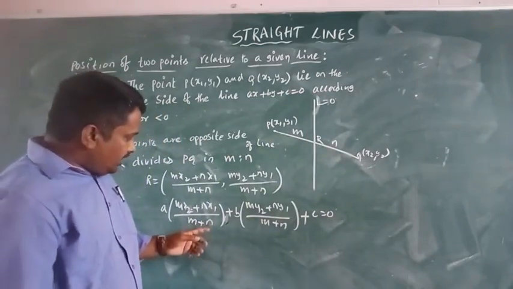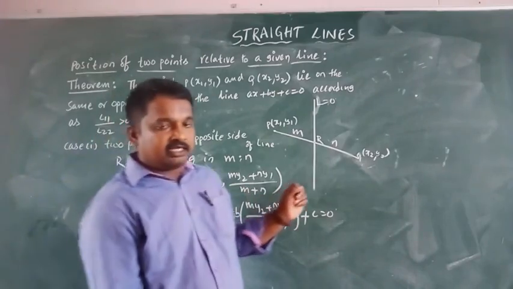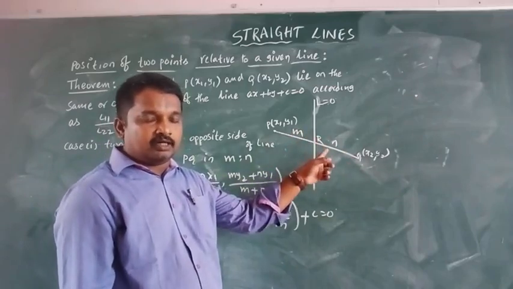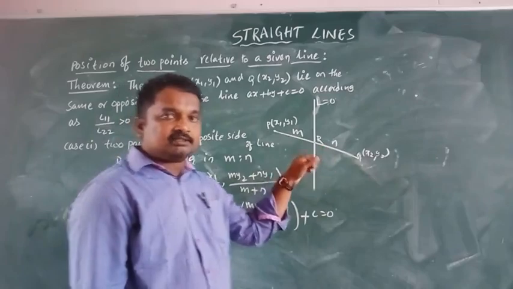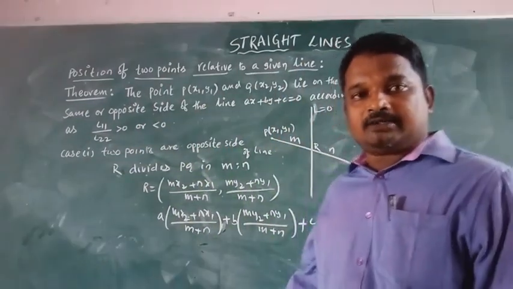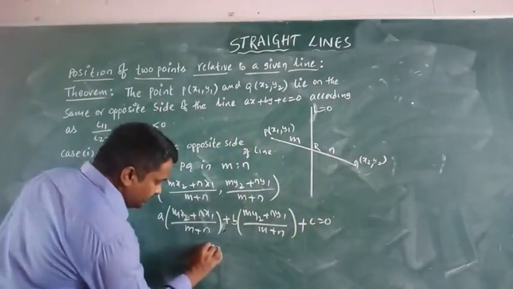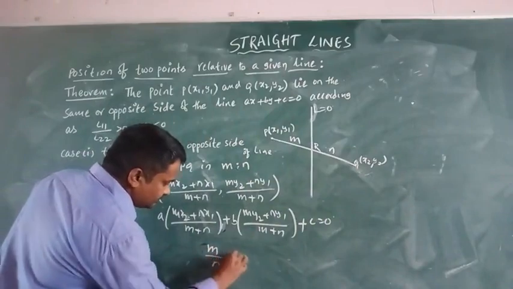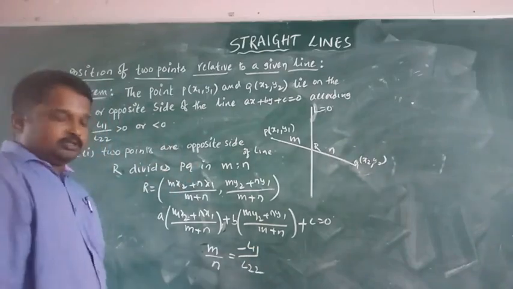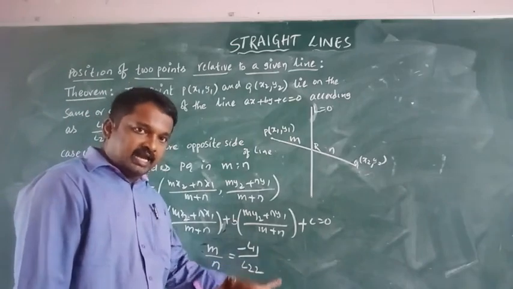Now find out the ratio. Observe that the ratio m is to n is positive because the point divides internally. By solving this, we already solved it, so I may explain directly. m by n equals minus L11 by L22. The ratio is positive means greater than 0.